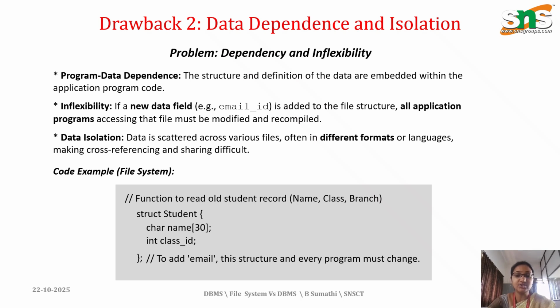Suppose you change some information in one file, the same changes should be done in all the files. And the next one is data isolation. The data is scattered across various files, often in different formats or languages, making cross-referencing and sharing difficult.